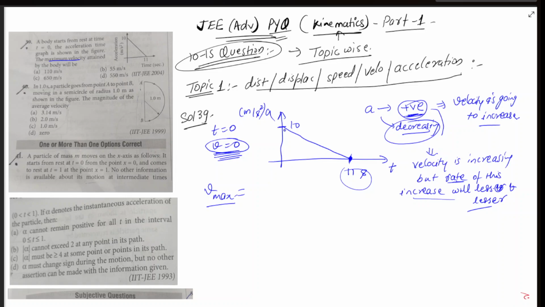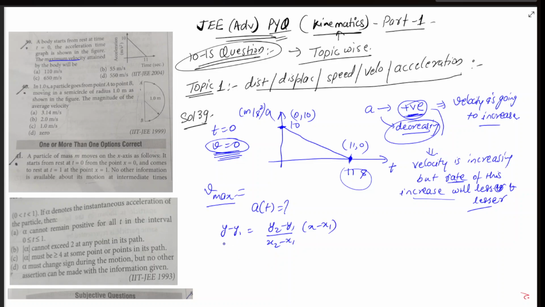Let's find it. Now we see the acceleration is 10 at t equal to 0 and it is 0 at 11 seconds. So first let's find the acceleration with respect to time. This is a straight line, very simple. We can consider this point as (0, 10) and this point as (11, 0). You know the equation of a straight line: y minus y1 equals (y2 minus y1) upon (x2 minus x1) into (x minus x1).